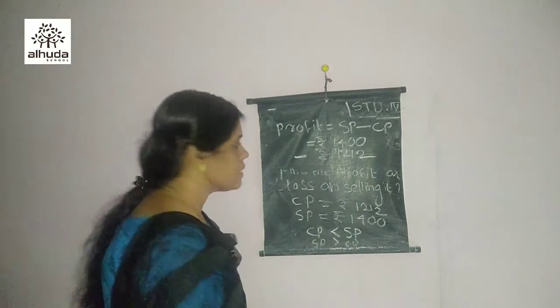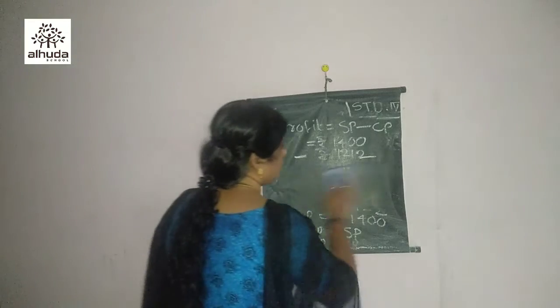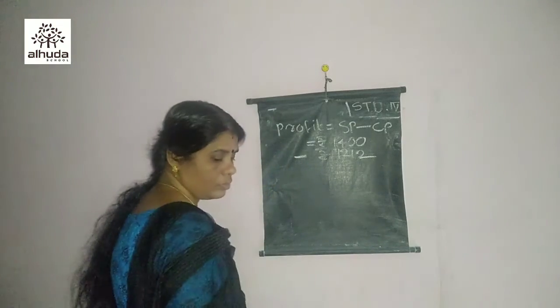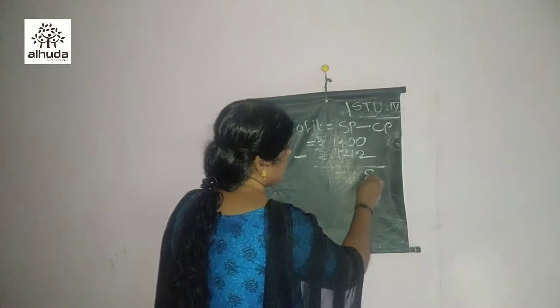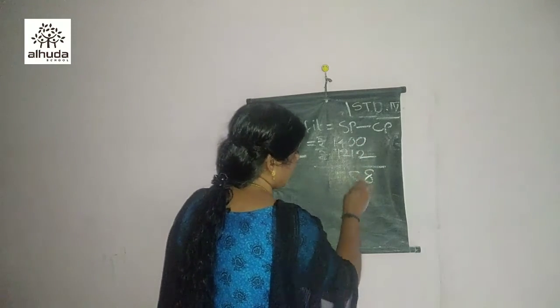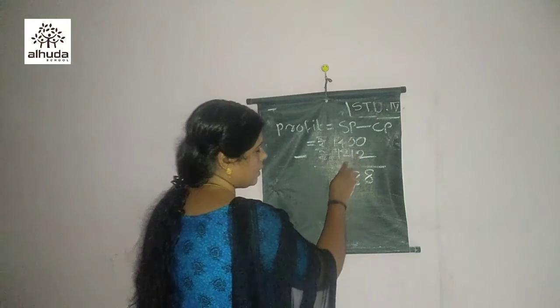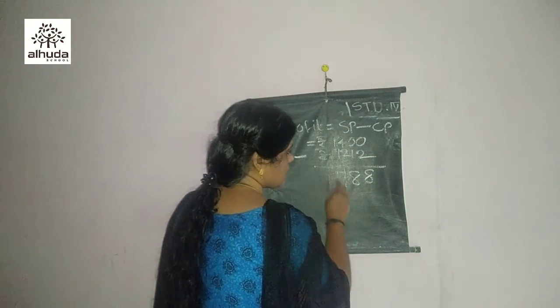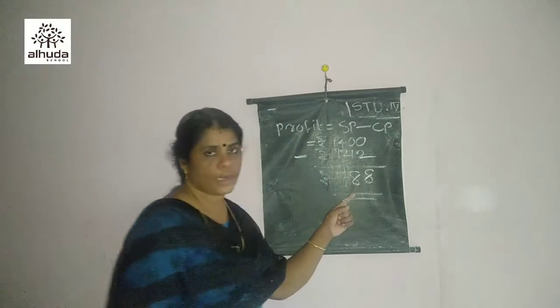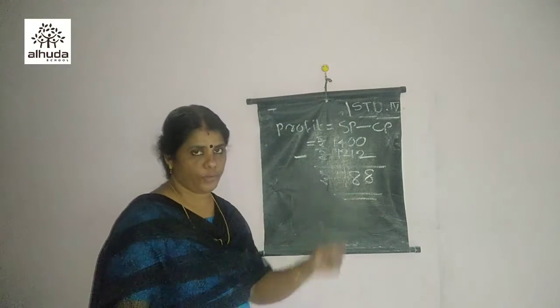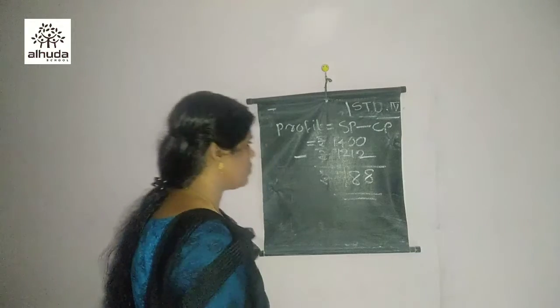Subtracting: 10 minus 2 is 8, 9 minus 1 is 8, 3 minus 2 is 1, and here it is 0. So the answer is how much profit? Rupees 188 profit. Okay.